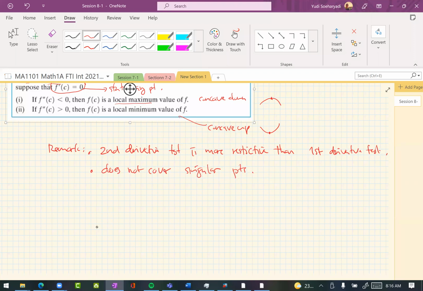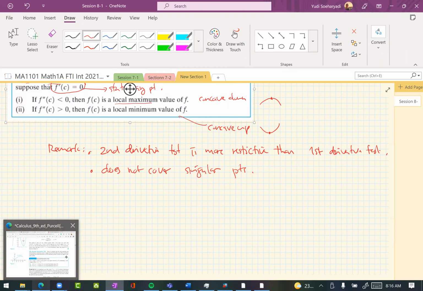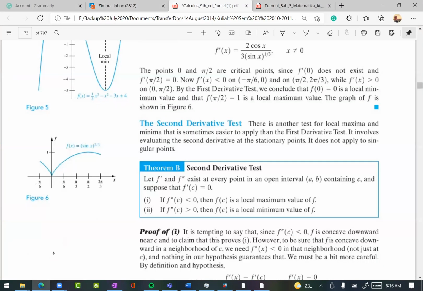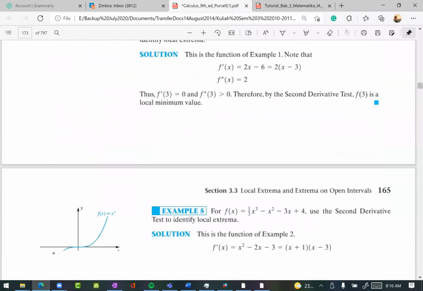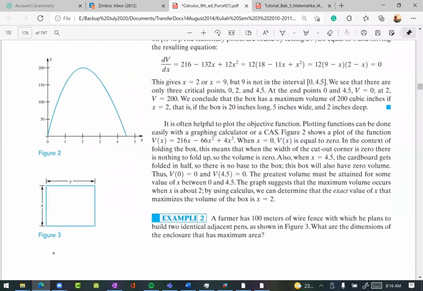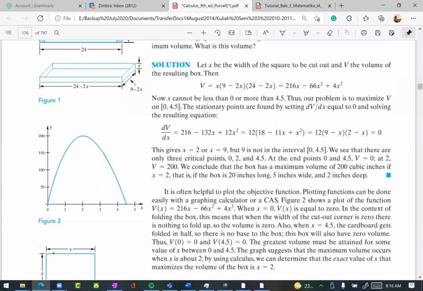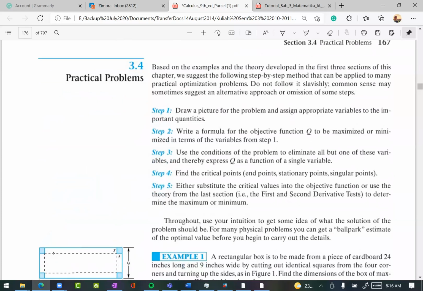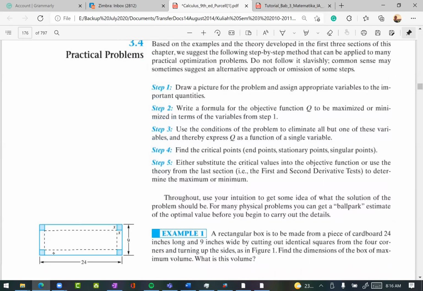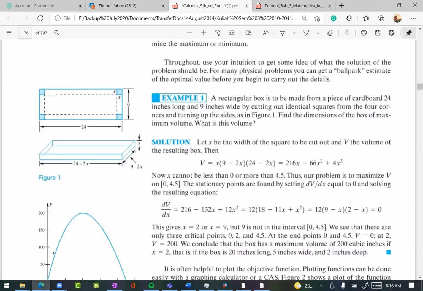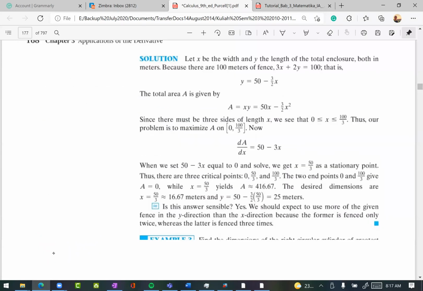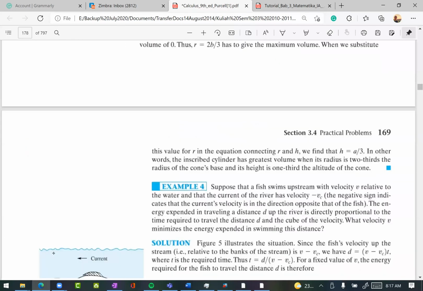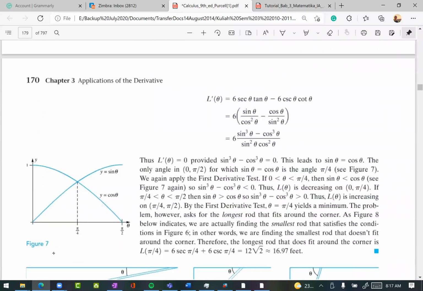Okay, so let's get on to some word problems. On to word problems. Let's see. Practical problems, 3-4. Let's take some problems from the textbook.